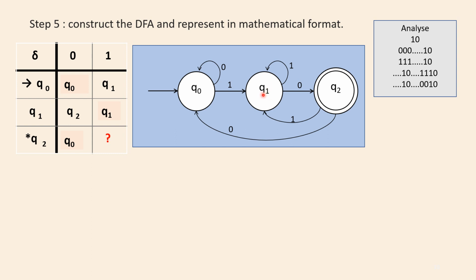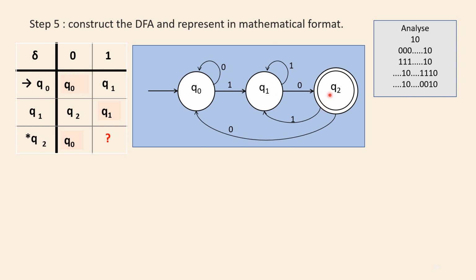Here also we know from the skeleton diagram that from Q1 on input 0 it goes to Q2. So I can loop n number of ones here, because on n number of ones and ending with 0, it is again going to Q2.